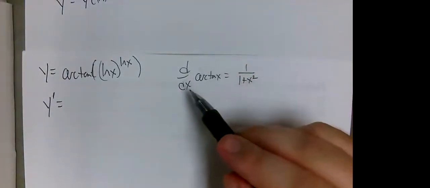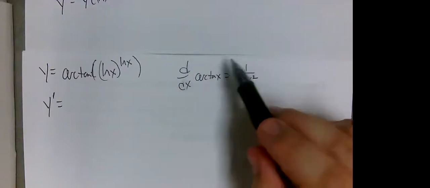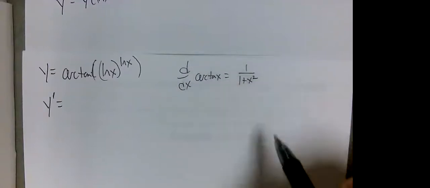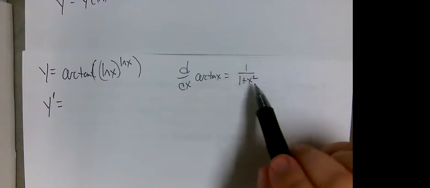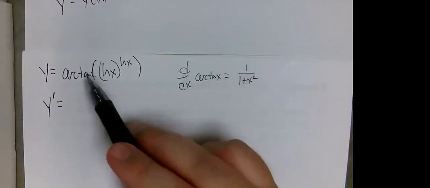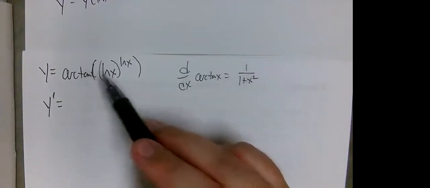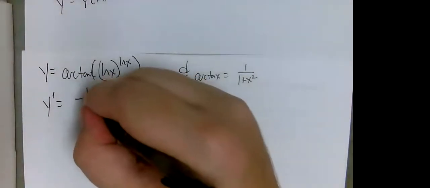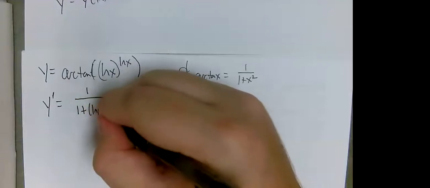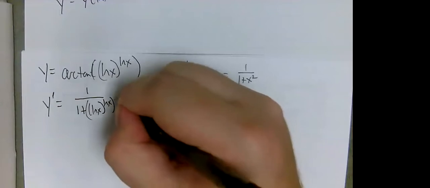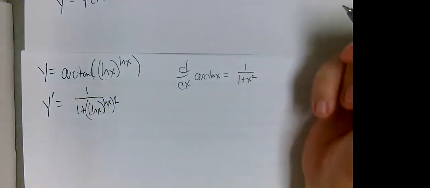For those of you who ever take calculus 2, this is a very important fact that we use very often in that class. The derivative of arctangent is 1 over 1 plus x squared. So if I do the derivative of my outside function here, I'm going to have 1 over 1 plus, and then I'm going to have ln of x to the ln of x, and then that will be squared here.